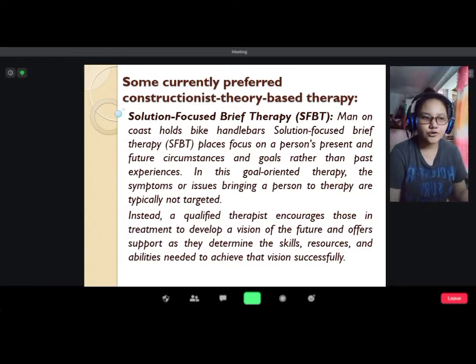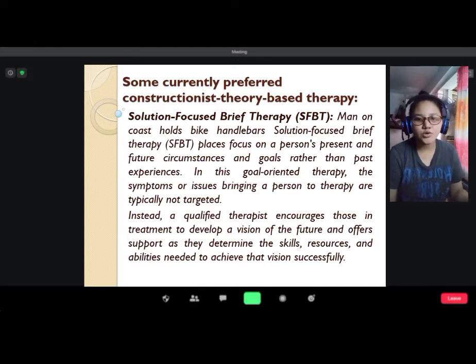This therapy, according to the presentation, focuses on a person's present and future circumstances and goals rather than past experiences. In my own understanding, this therapy aims to help people experience the difficulty and also find the solution or the tools that can help them cope with the challenges.